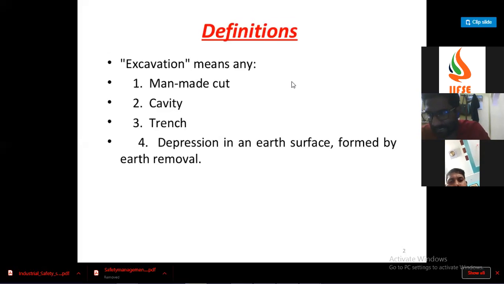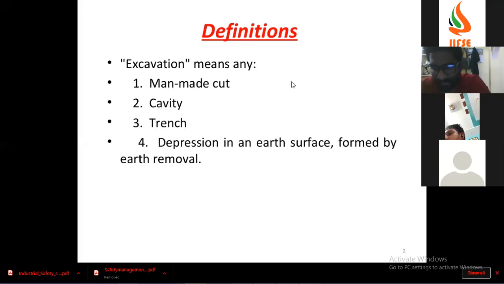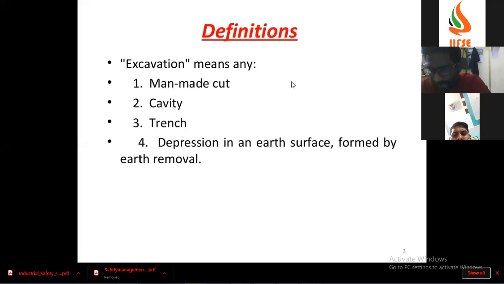Normally they say that only if more than 3 feet or 1 meter depth is dug does it come under excavation. But the word itself says any depression in an earth surface. Even if we do a small digging with our hand, it also comes under excavation.